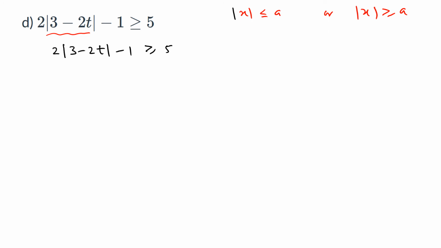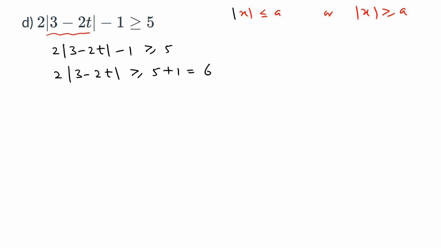You add 1 to both sides. So it is 2|3 - 2t| ≥ 5 plus 1, which is 6. Now we're going to divide both sides by 2.